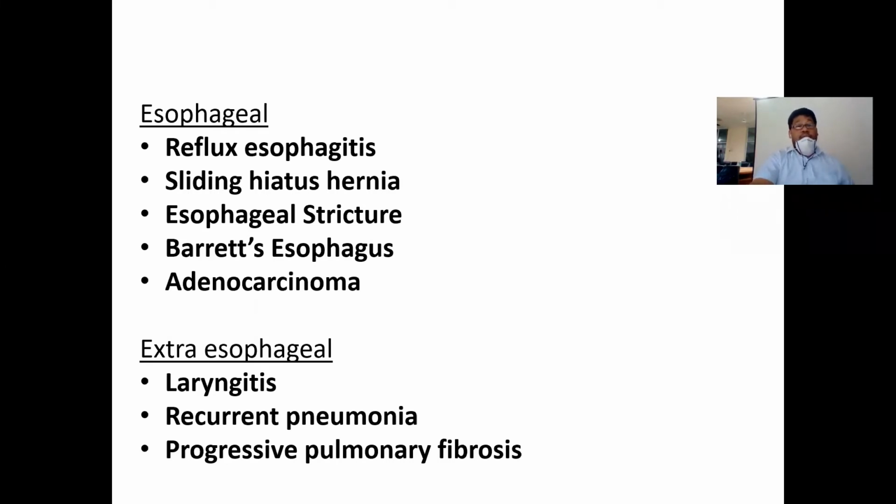Next, we have the extraesophageal: laryngitis, recurrent pneumonia, or progressive pulmonary fibrosis, mostly as a result of aspiration. The aspirate goes into the lung, creating this problem. So this is about the complications.